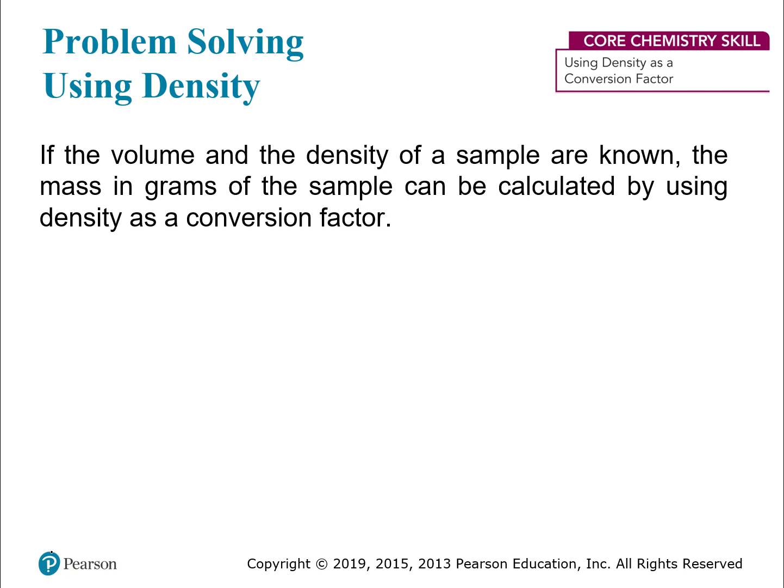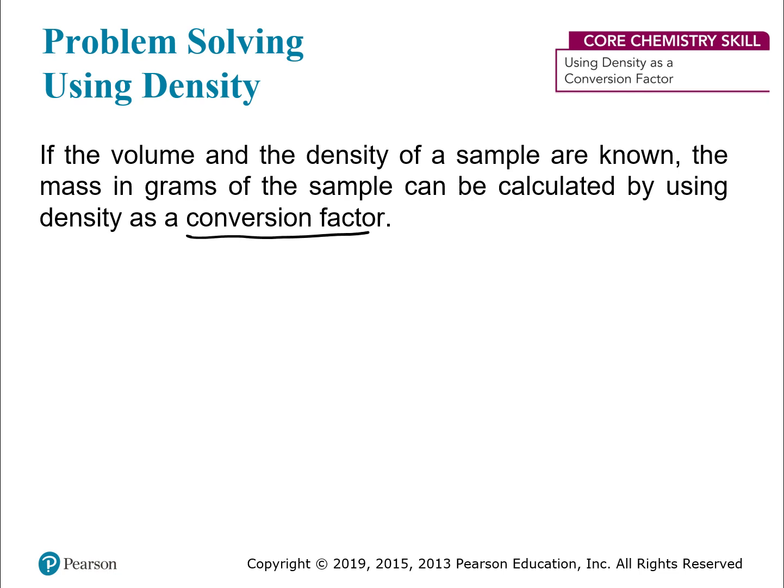We can use density to actually solve a problem and figure out the mass of something or the volume of something. So we can use density as a conversion factor, just like we did the conversion factors going from meters to centimeters and things like that.